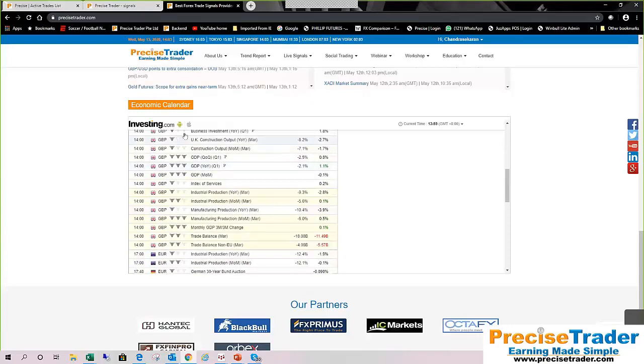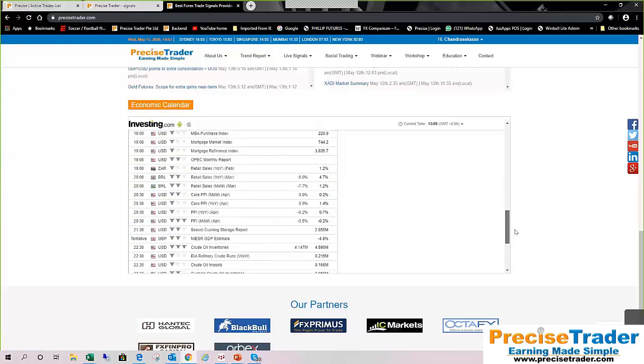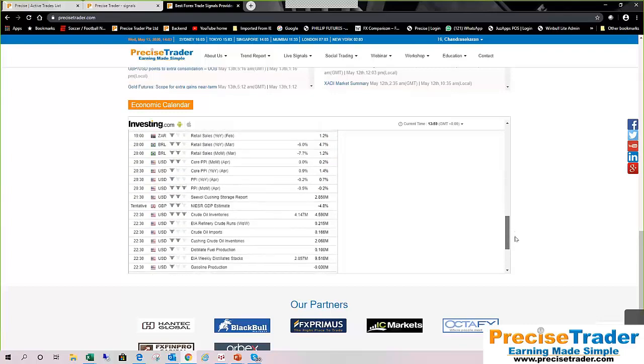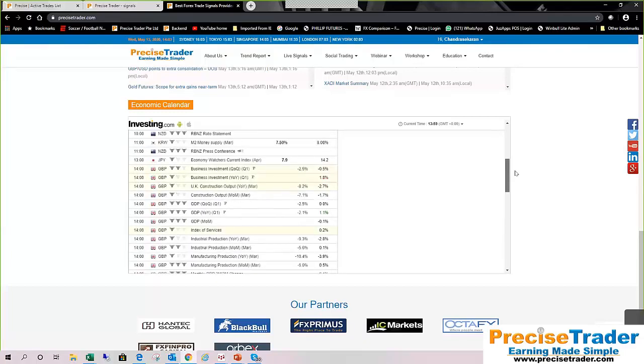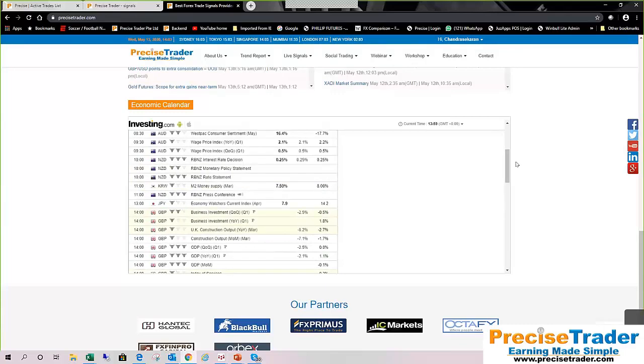Later we have UK pound GDP, then manufacturing production also from the UK, and finally US PPI and crude oil inventories. These are the key data to look at before we initiate a trade.